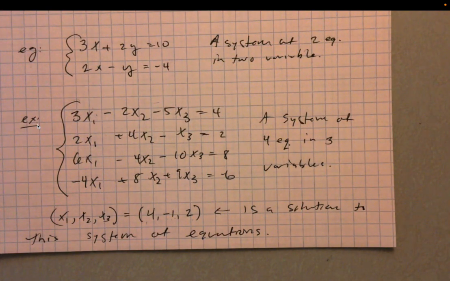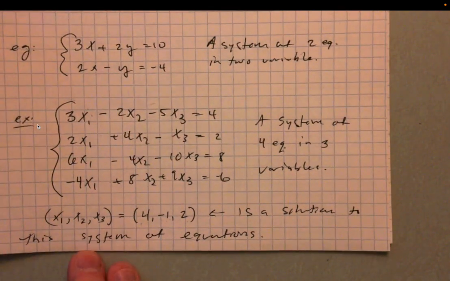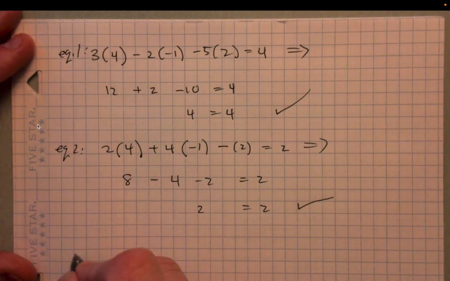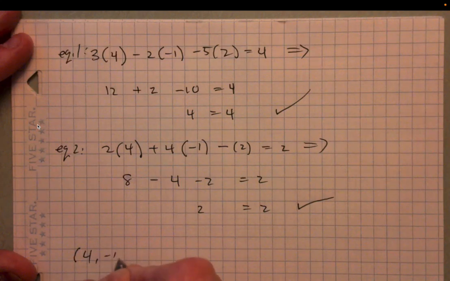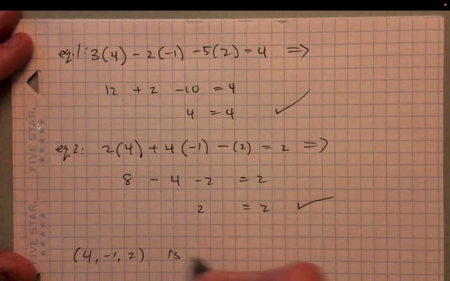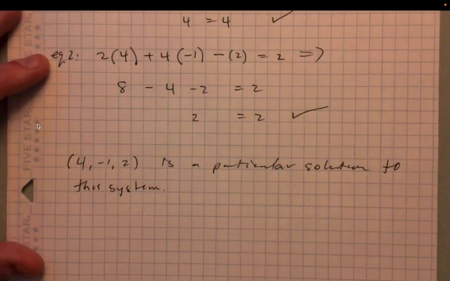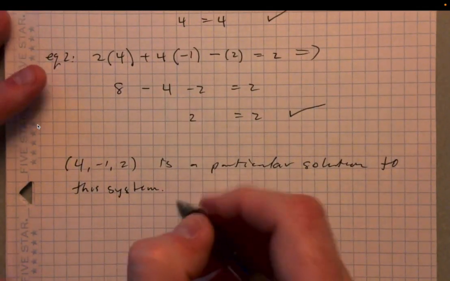Now this is an example of a particular solution, because it turns out that there are other solutions. So 4, -1, 2 is a particular solution to this system. There are others.